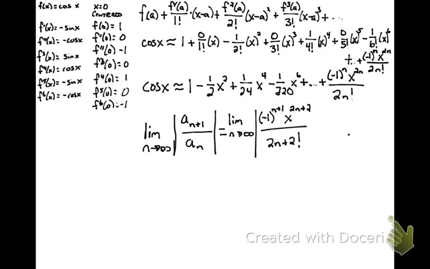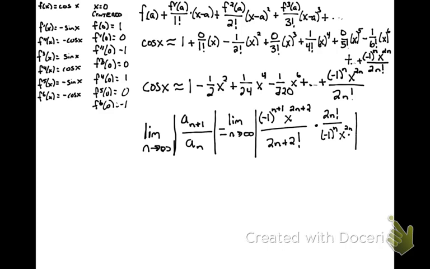And this will be divided by the nth term, or multiplied by the reciprocal of the nth term, so this would be 2n factorial over negative 1 to the n times x to the 2n.